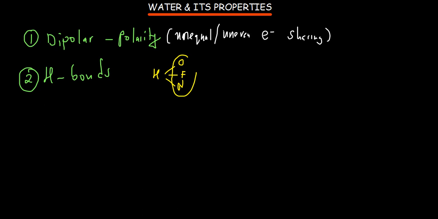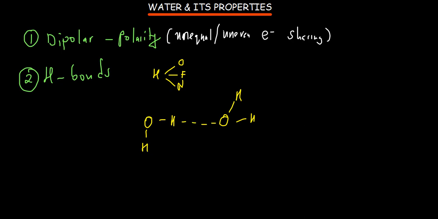These are the most electronegative atoms. So water can form hydrogen bonds with another water molecule, or it can form hydrogen bonds with other molecules, as long as they have oxygen, fluorine, or nitrogen. For example, we're going to see water like this. It can interact with another water molecule like that. But for hydrogen bonds, you don't use full bonds, you are going to put dots.